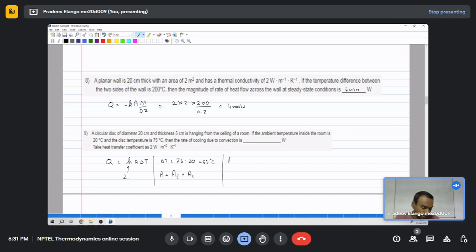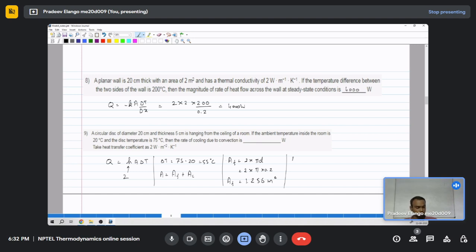So area of flat surface is 2 into area of the square, so that is 2 pi d, and diameter is known as 20 centimeters, so that is 0.2 meters. So you can calculate the flat surface area, that is 1.256 meters square.